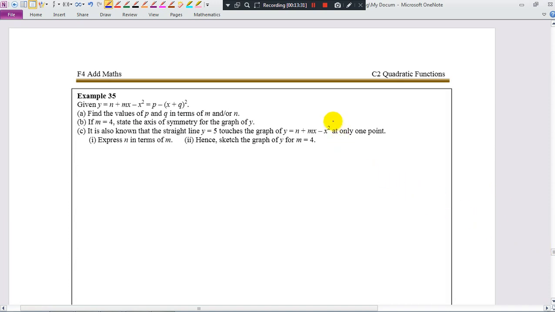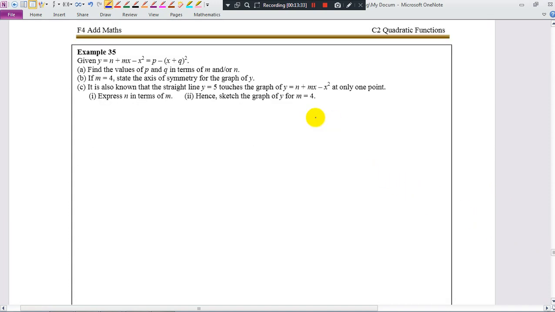Let's go to the last one. Given y equal to n plus mx minus x squared. I can write it again: negative x squared plus mx plus n.